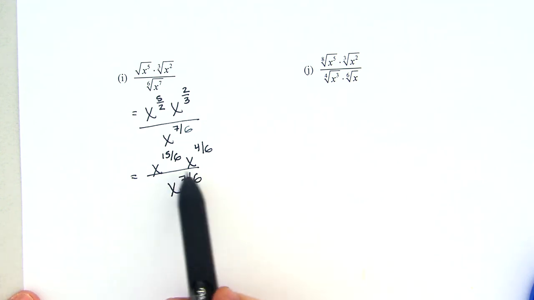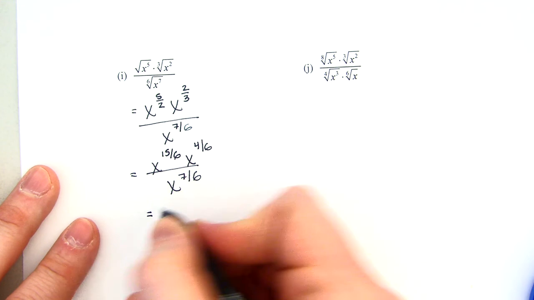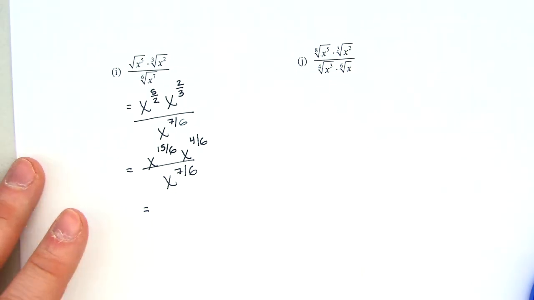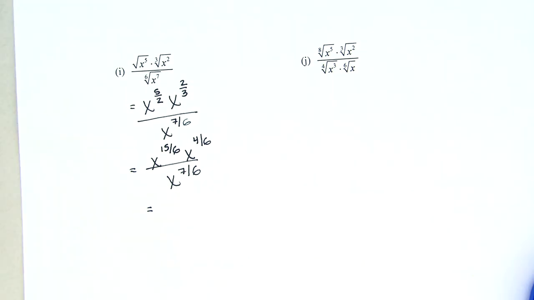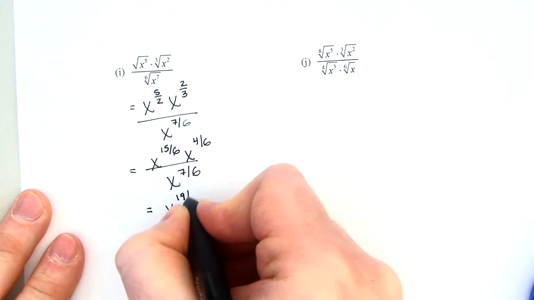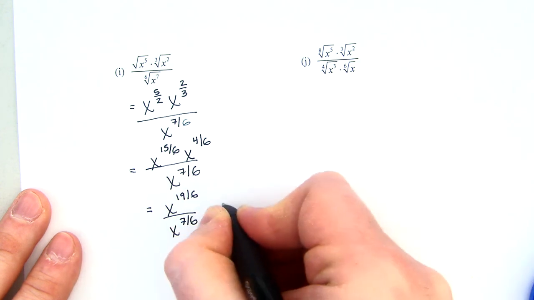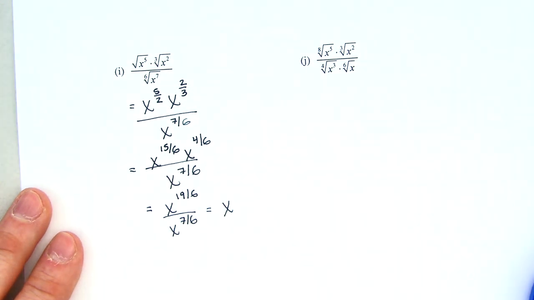Maybe x to the 15 over 6, x to the 4 over 6 over x to the 7 over 6. How about we multiply up top? When you multiply, what do you do to the powers? Add them. X to the 19 over 6 over x to the 7 over 6. Okay, time to divide. X to the what over 6?